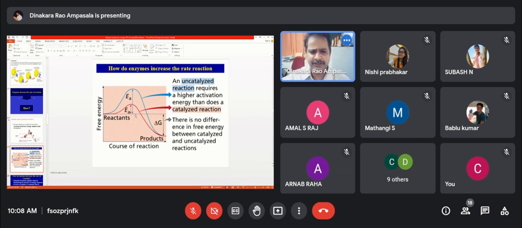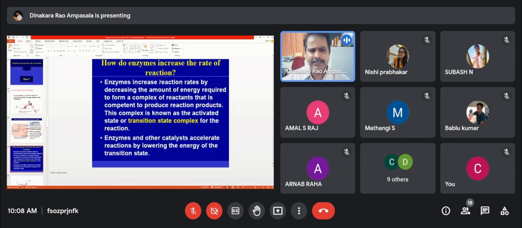Enzymes increase the reaction rate by decreasing the amount of energy required to form a complex of reactants that is competent to produce reaction products. This complex is known as the activated state or transition state complex.